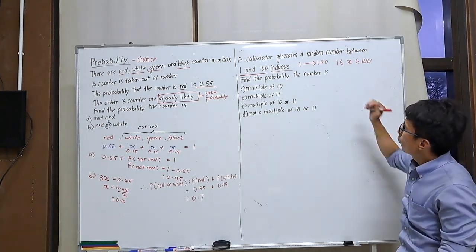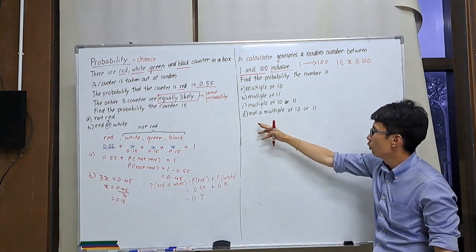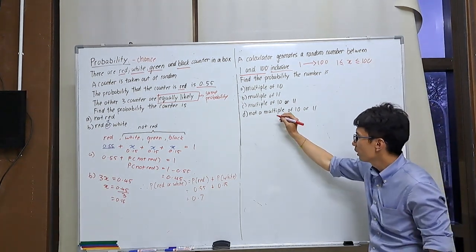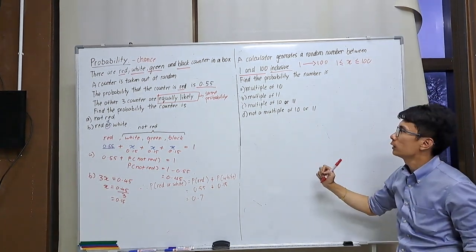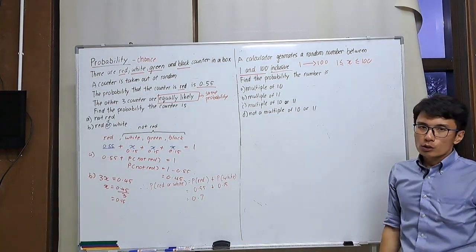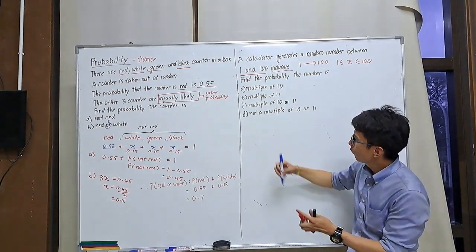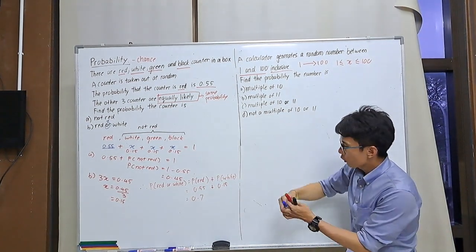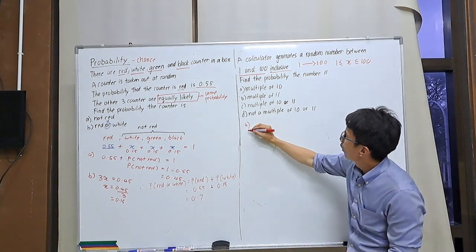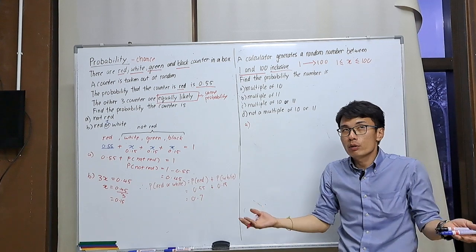Now, for this type of question, I will not suggest you write down from 1 to 100 and then circle which one is the multiple of 10, because that will take too much time. So instead, let's find what the multiples of 10 are here. For question A, my multiple of 10 is 10 times 1, 10 times 2, and so on.